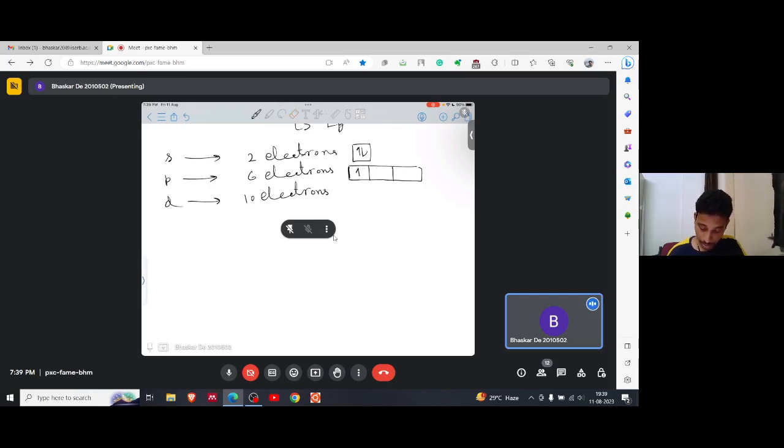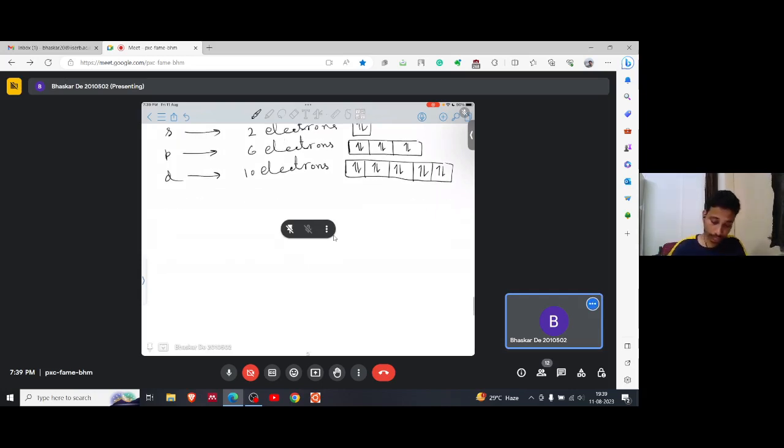So first up spin, up spin, up spin, then down spin, down spin, down spin. These are the 6 electrons. Then for D, up, up, up, up, up, down spin, down spin, down spin, down spin, down spin. This is how S, P and D shells work.